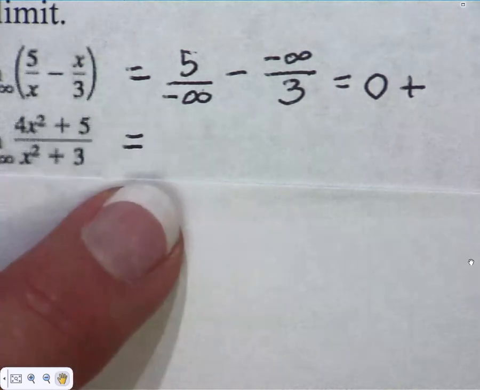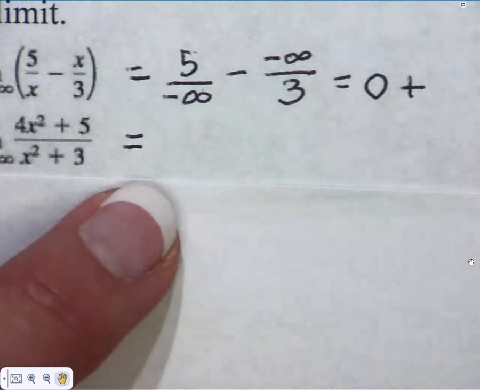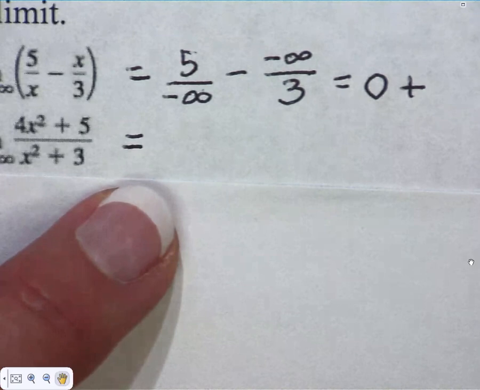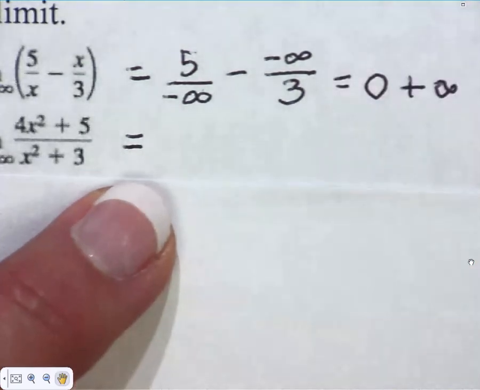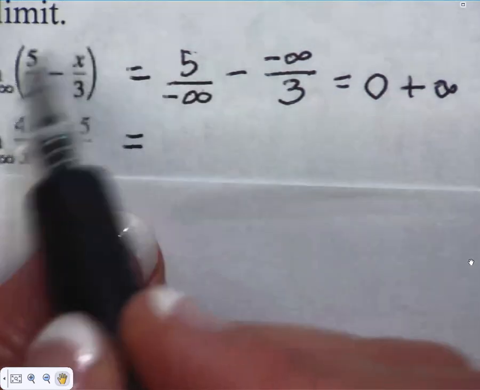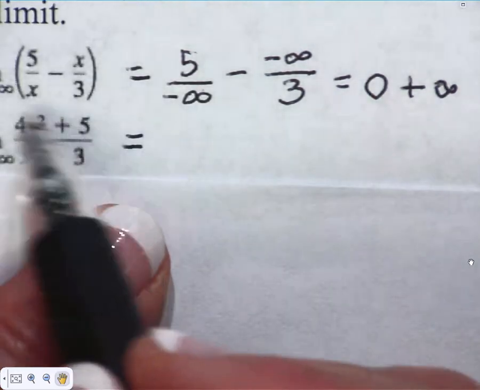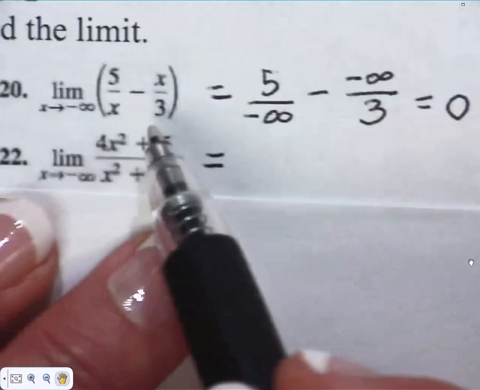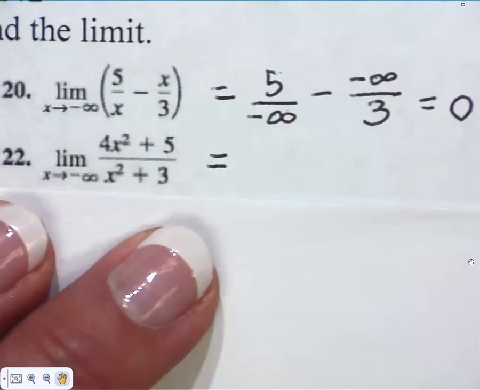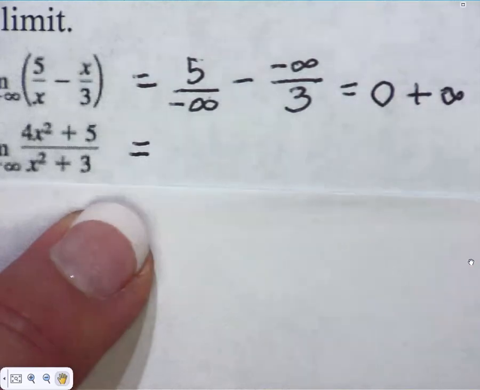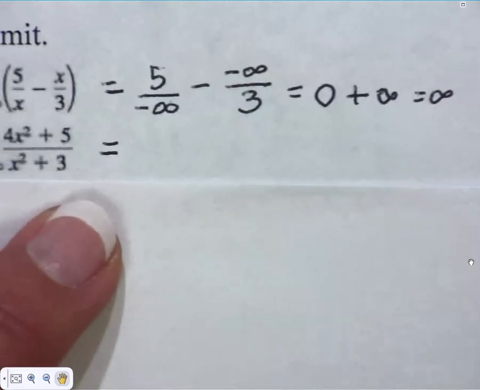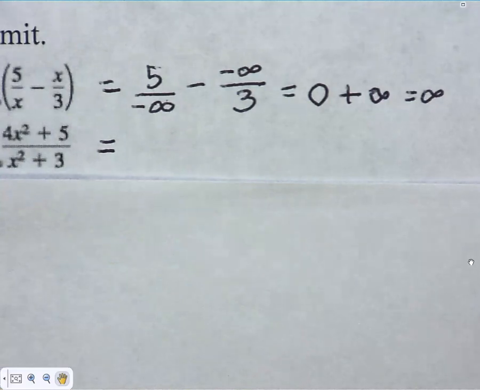And then what's infinity divided by 3? So what's that whole expression going to be going to as x goes to negative infinity? The whole thing's going to be going to positive infinity. And when you write that, you're not saying the limit exists.